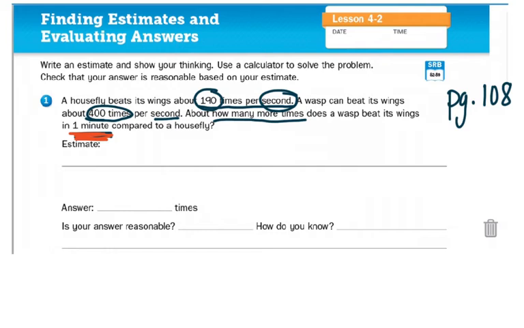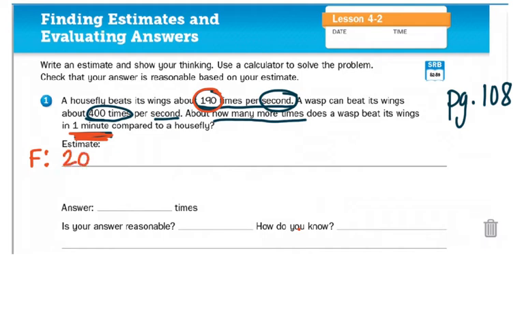Notice that it gives us its beating wings in seconds, but asks for our answer in minutes. So the first thing I'm going to do, and you're going to do this on journal page 108. So I'm just going to put F for fly. 190 times per second. Let's estimate that to make it easy to multiply. Is 190 closer to 100 or 200?